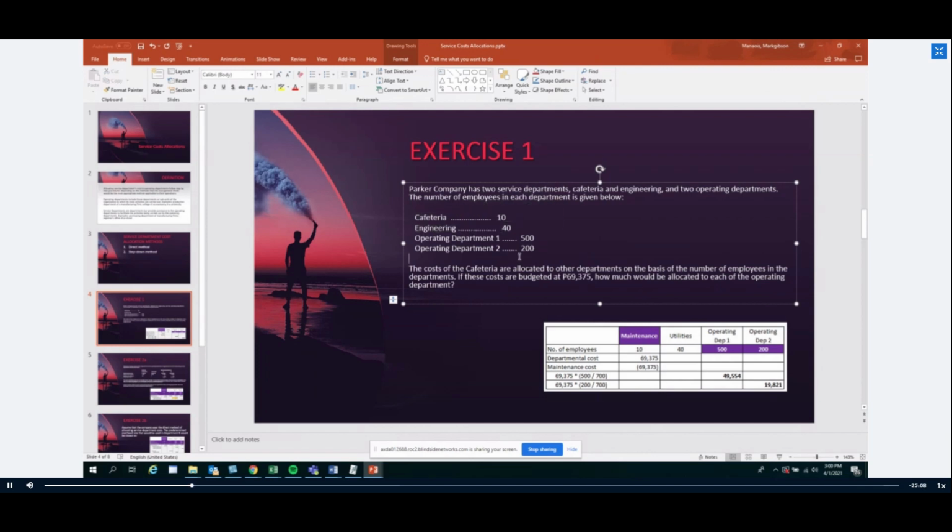The cost of cafeteria and the cost of engineering, under the direct method, will be directly allocated between the operating departments. Let me repeat, under the direct method, the cost of the service departments will be directly allocated between operating departments 1 and 2.